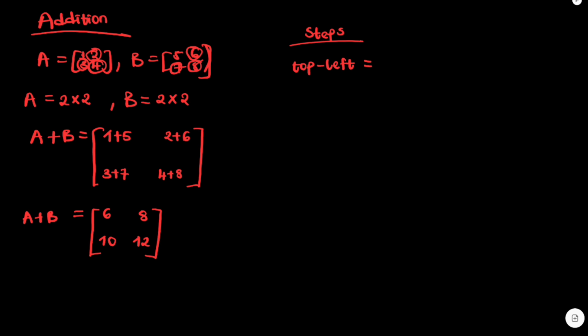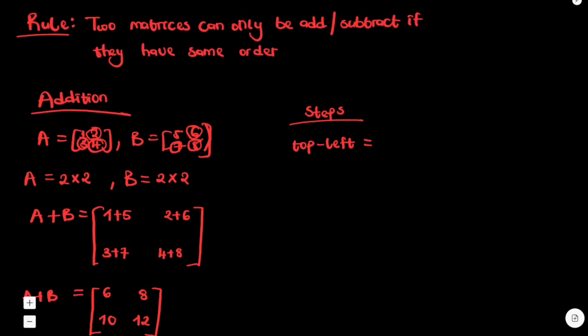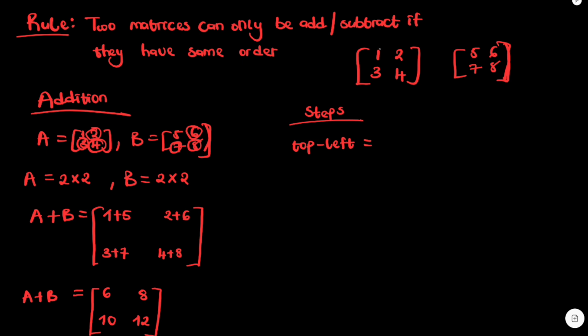Let me just write the matrices down: 1, 2, 3, 4 and 5, 6, 7, 8. We take the top left elements in each matrix. So the top left element is 1 here, and the top left element is 5. So we add them, 1 plus 5.